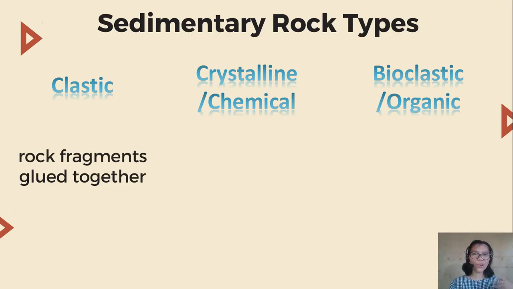So these rocks are made of different pieces stuck together. So conglomerate and breccia have the largest particles.